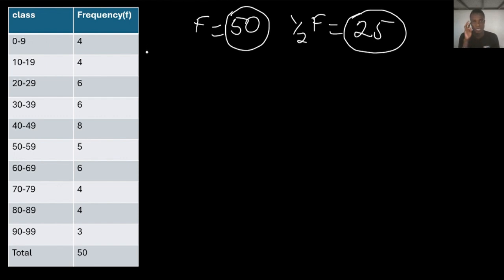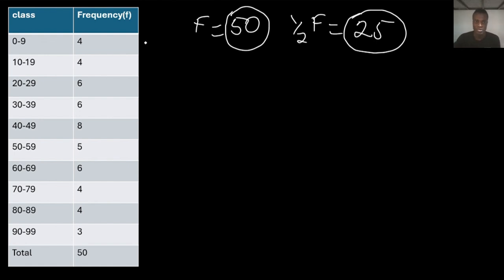Are we okay? So what we said in the previous session is that you take the 25 and keep subtracting until you get to 0. When you get to 0, that's where your median class is. I wanted to say median item, but it's going to be median class because we are focusing on the class this time.